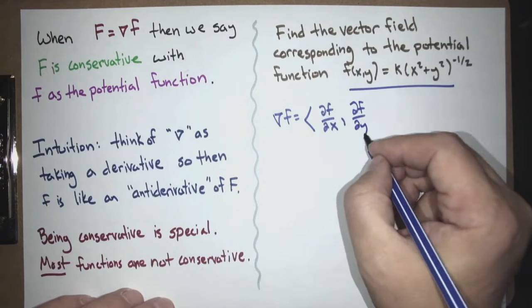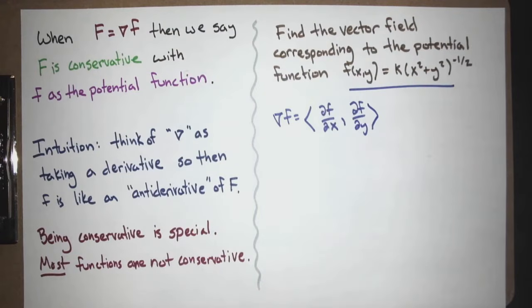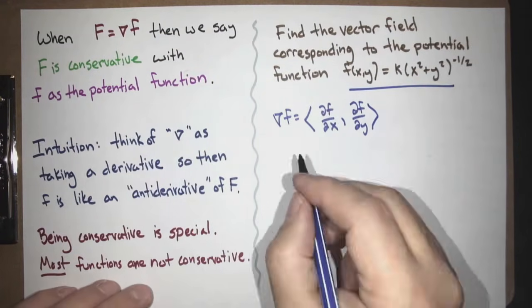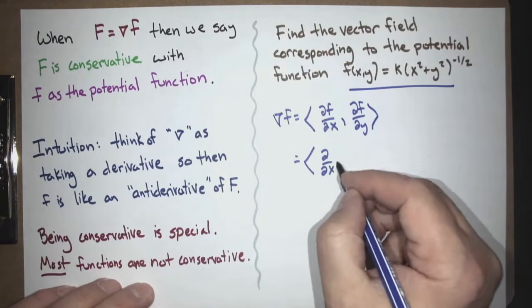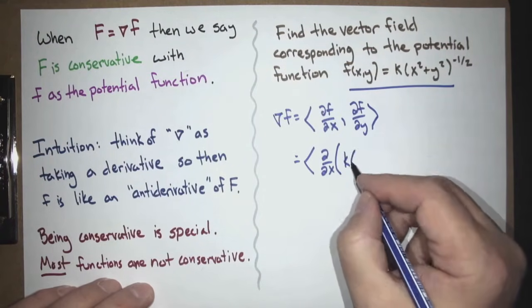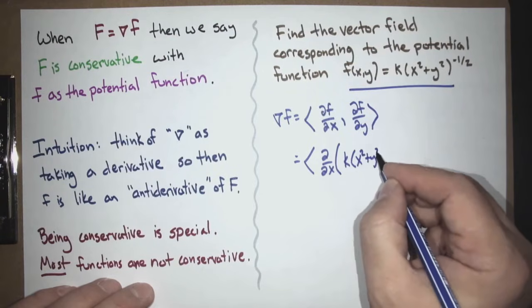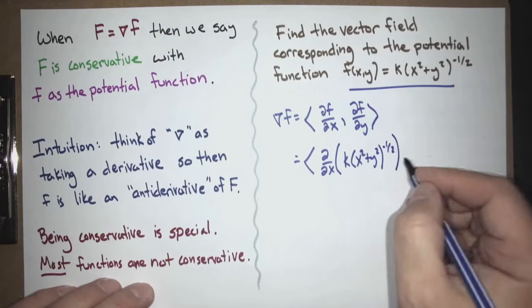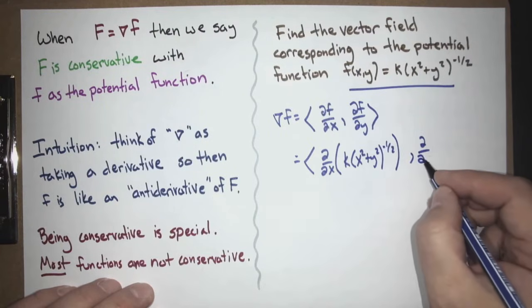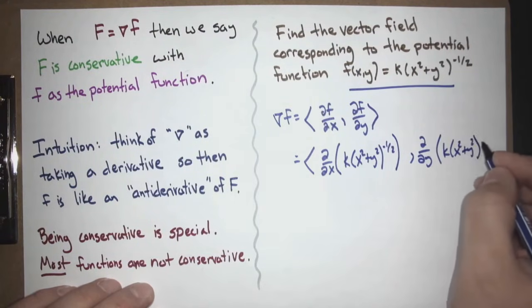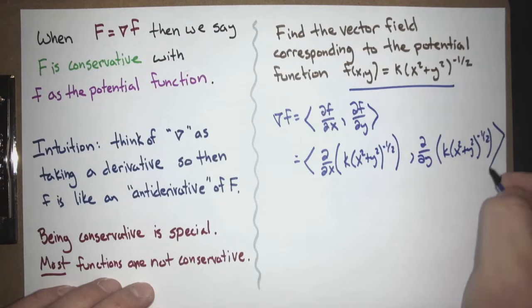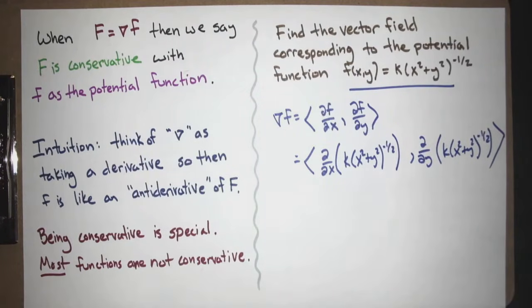Partial with respect to y. Partial f, partial y. So that's what the gradient is. Well, so that says we're going to take the derivative with respect to x of, and I'll just write down our function, x squared plus y squared to the minus 1/2. And then we're going to take the derivative with respect to y. Again, write down our function, x squared plus y squared to the minus 1/2. And there we go.